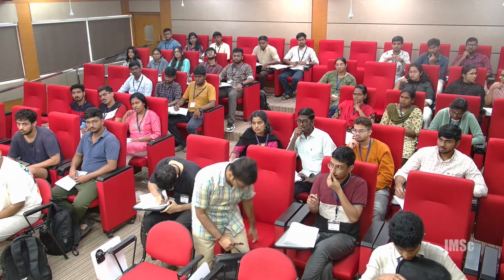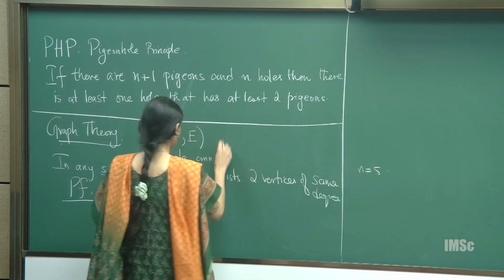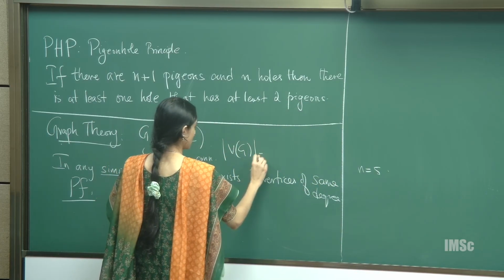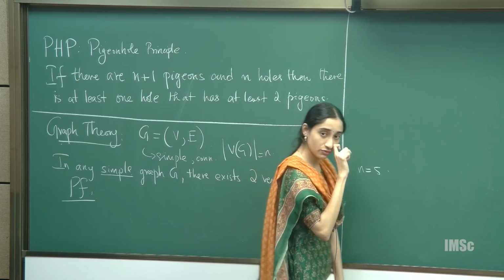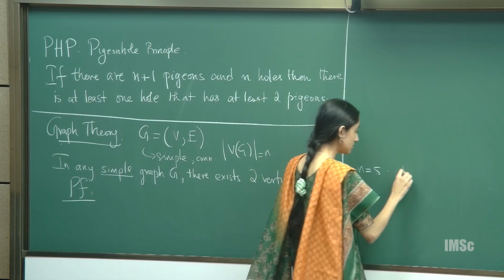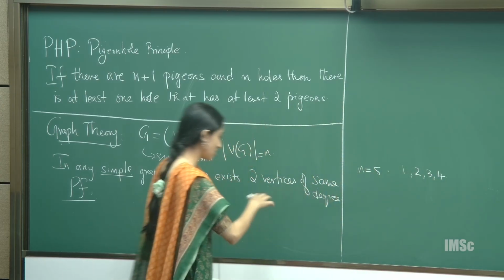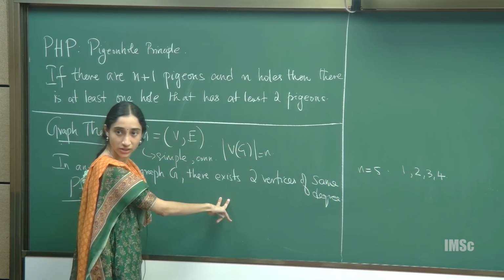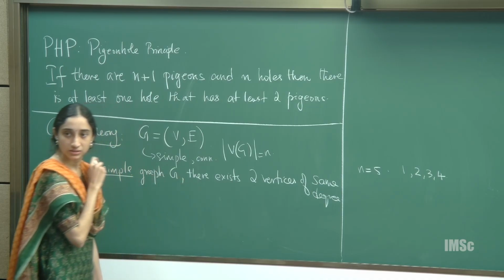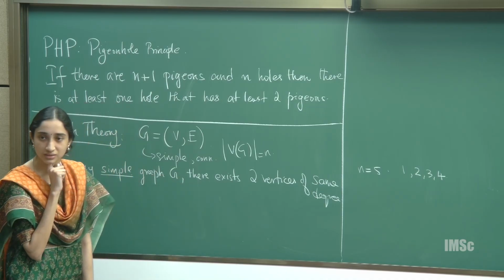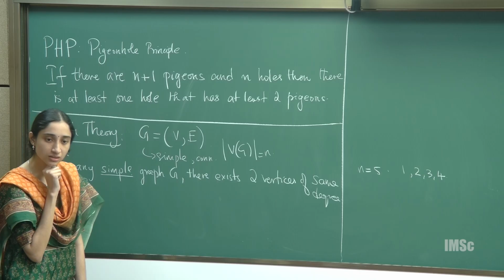So there are 5 vertices, so n equal to 5. So let's say here n is the number of vertices. So if you want distinct degrees, then the numbers are 1, 2, 3, 4. I mean, you're saying suppose this is not the case. Is that what you're trying to argue? Is that it?